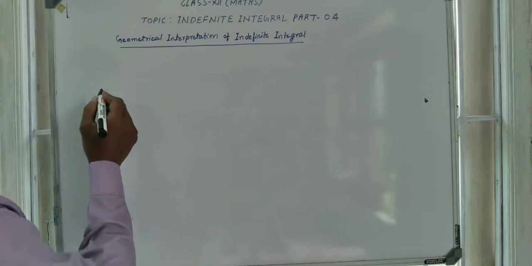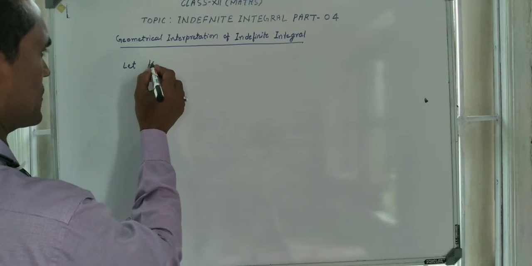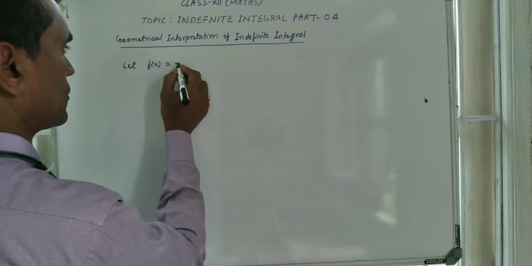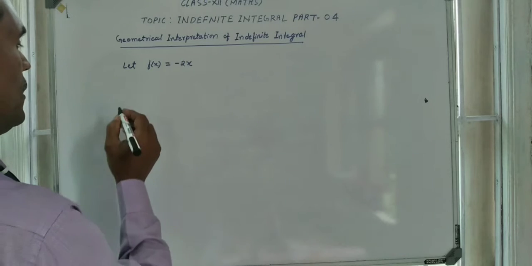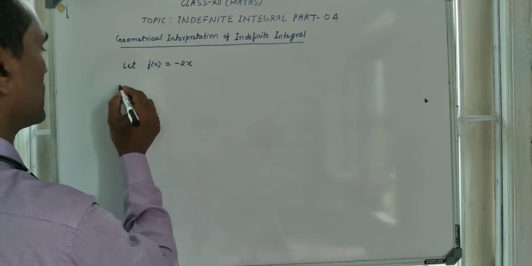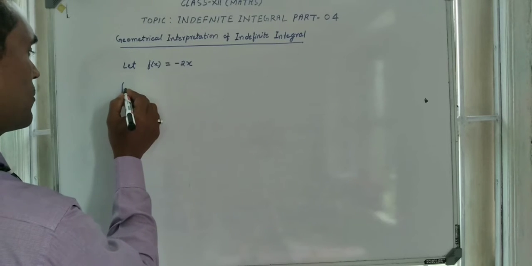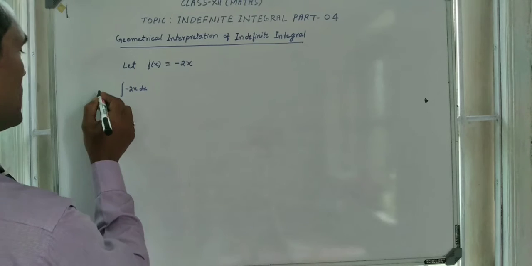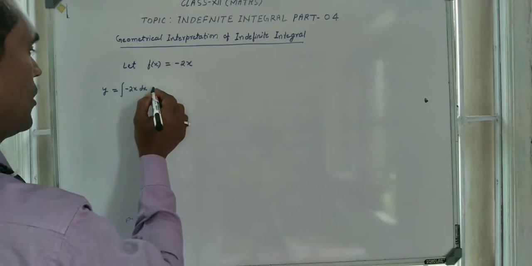So, let f(x) be any function, minus 2x. Now integral of this, minus 2x dx, we represent this by y.